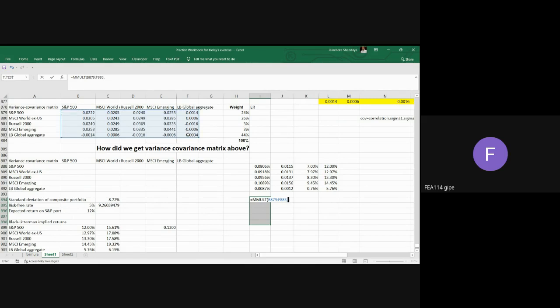Sorry, not the proportion. You multiply with the weight, because unless you multiply the weight, you don't get that. So you multiply with the weight.